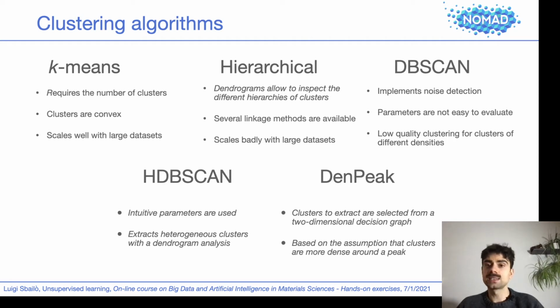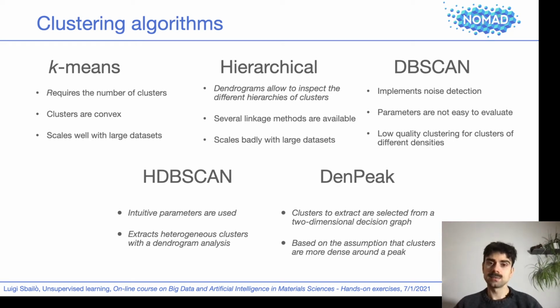On the other hand, we have seen DBSCAN has a number of problems. It uses essentially two parameters that are not necessarily easy to evaluate. And more importantly, it's not able to detect clusters with very different density.